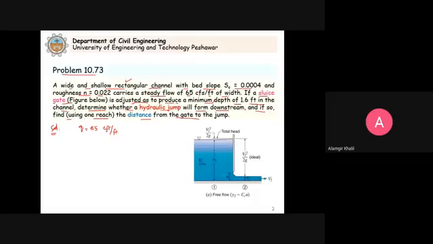Clear? It is mentioned in the problem that we have a wide and shallow rectangular channel. It means that the hydraulic radius will be taken as equal to the depth of flow, equal to y.